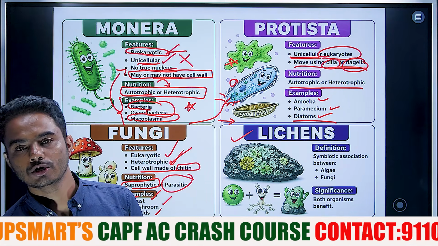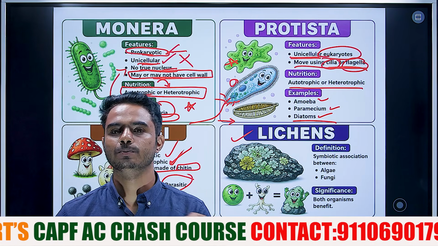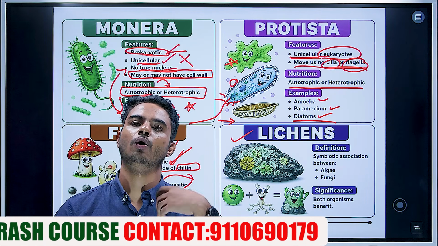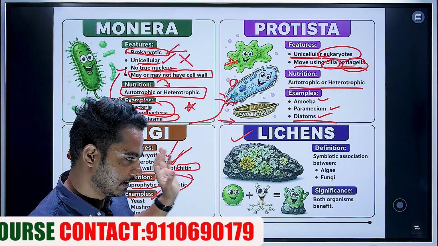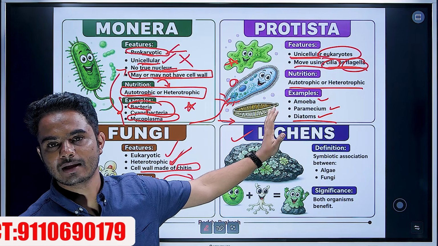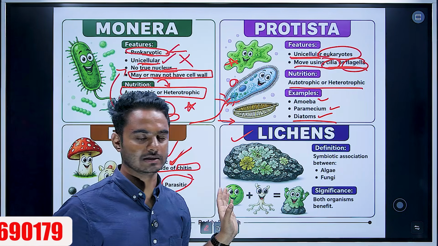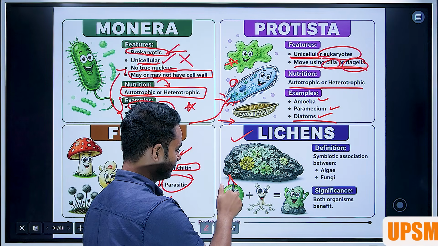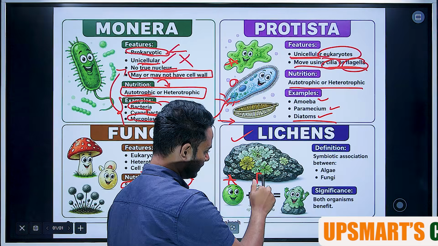Next are lichens. Most favorite topic for all the UPSC examinations, and it is not wrong to say for all the government examinations. The government examiners like lichens. So what is lichen? This is algae and this is fungi.